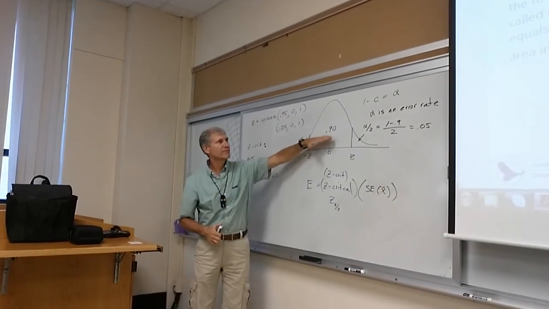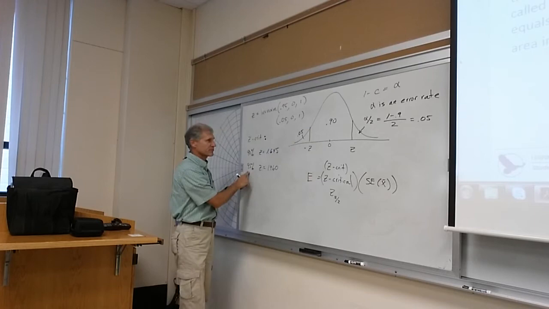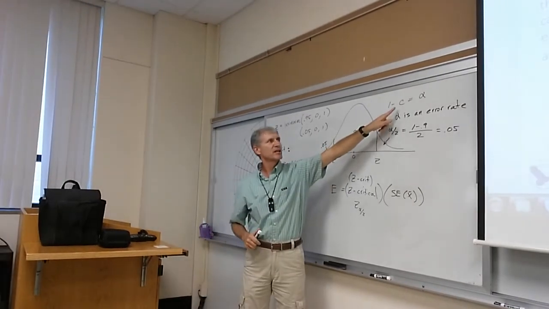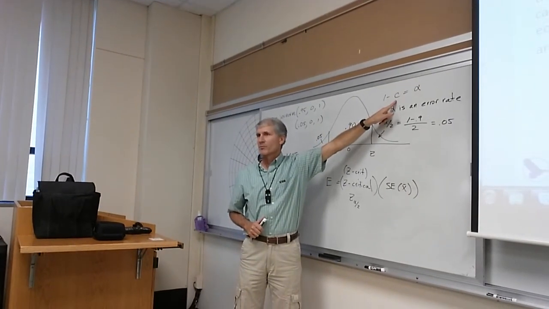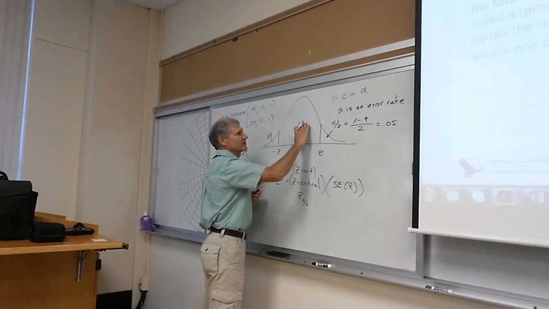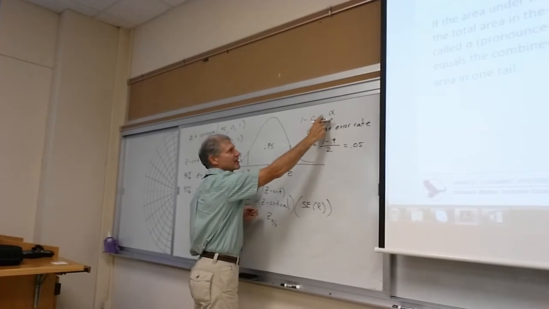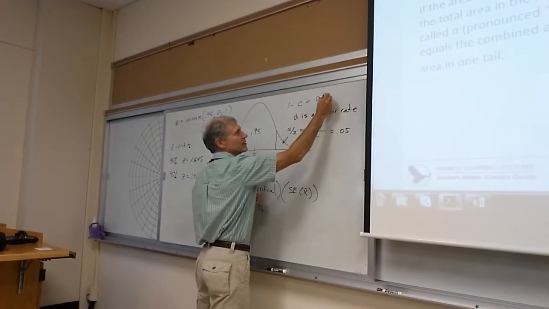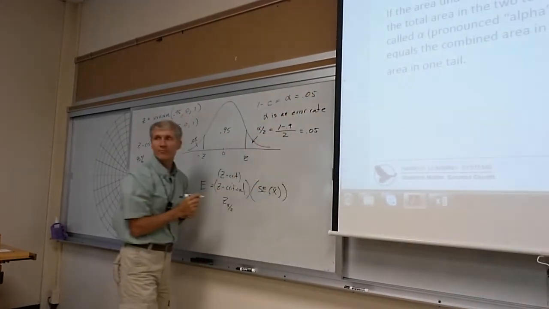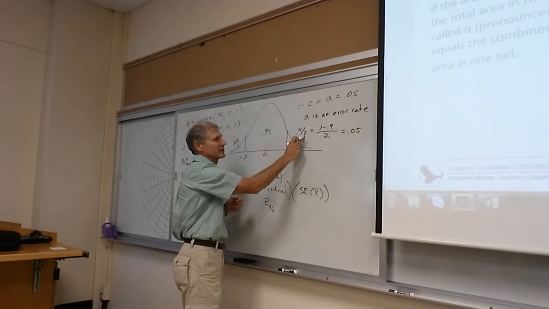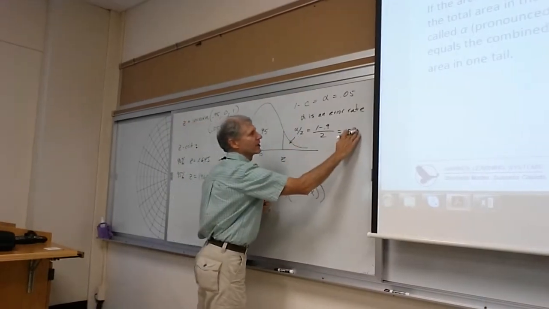Okay. What do we do different here? When I say 95% confidence, this C becomes 0.95. So I'm just going to erase, not redraw, but 0.95. So then alpha becomes 0.05. So half of alpha becomes 0.025.